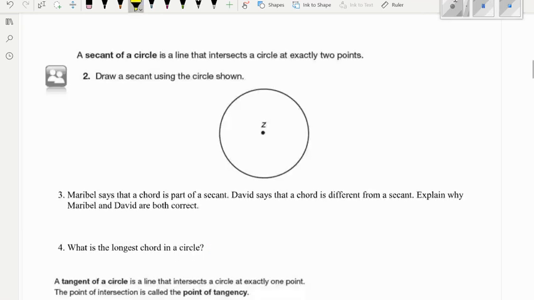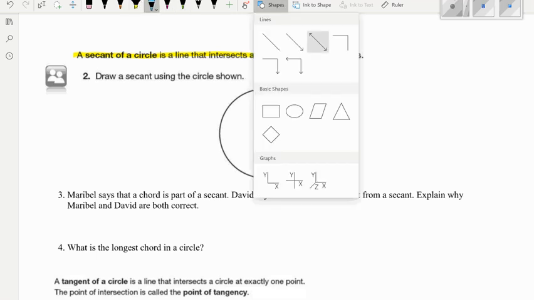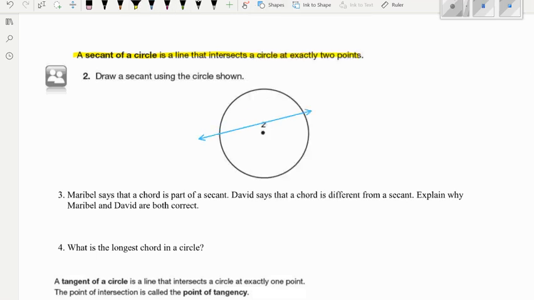So the next part we have a secant of a circle is a line that intersects the circle at exactly 2 points. So this is saying draw a secant using the circle shown below. So if we draw a secant line, there would be an example.